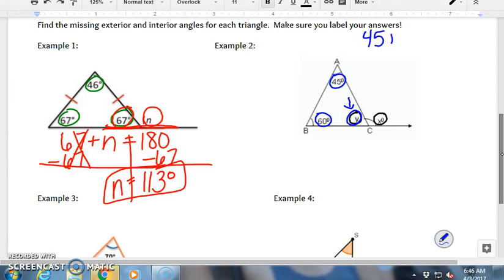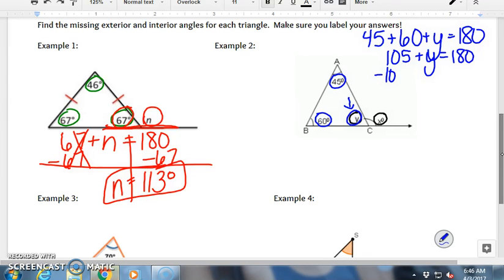So 45 plus 60 plus y is going to equal 180 because they are the three interior angles of a triangle. So I add together 45 and 60. And then I subtract the 105 away to solve for y. So y equals 75 degrees.